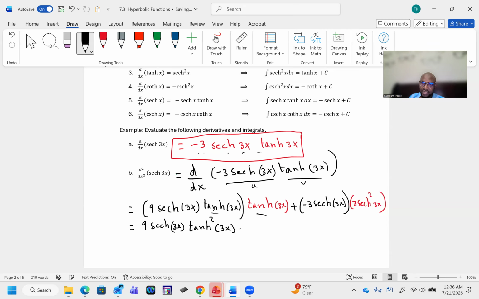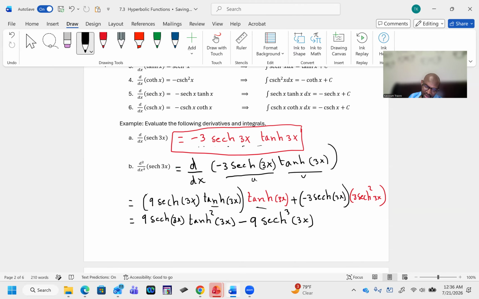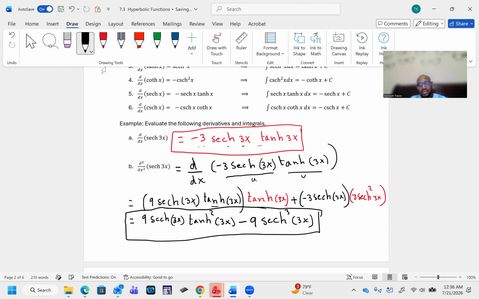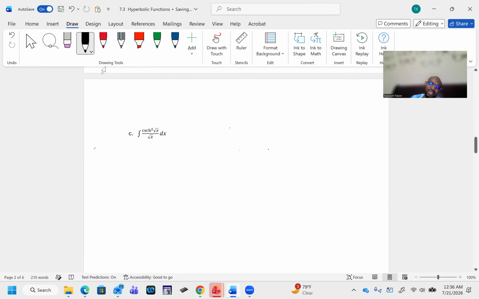And then minus 9 sech cubed of 3x. You can leave it like this, or if you want, we can factor out 9 sech(3x). Okay, that's it.